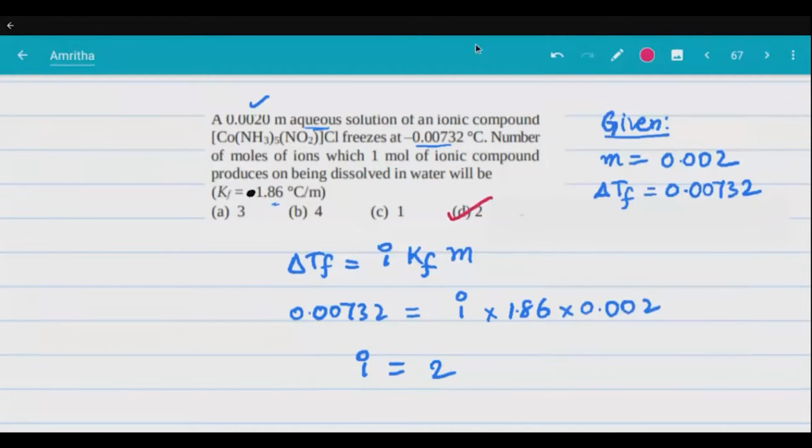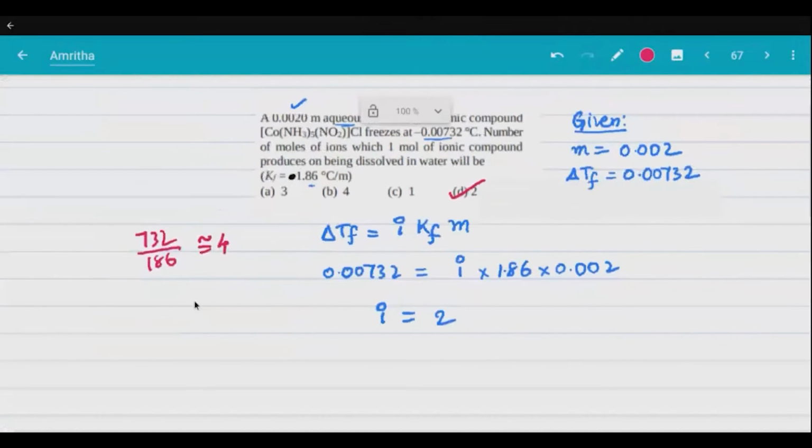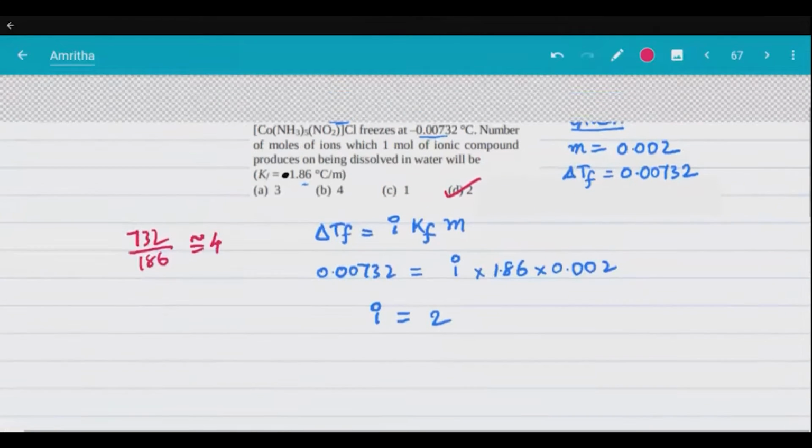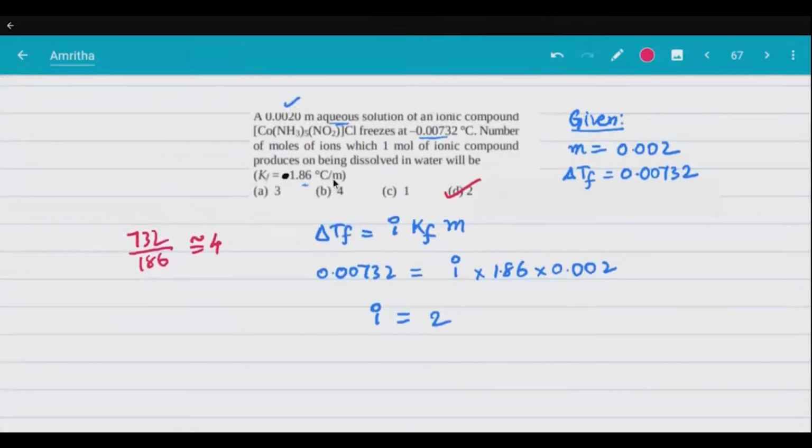Just solve this, we'll get this. So 732 by 186, I'm taking nearly 4. Understood? So the number of ions they are asking, how many ions are there here? 4, right? Okay. 2, sorry. i equal to 2. This value is 4. So we'll move on to the next question.